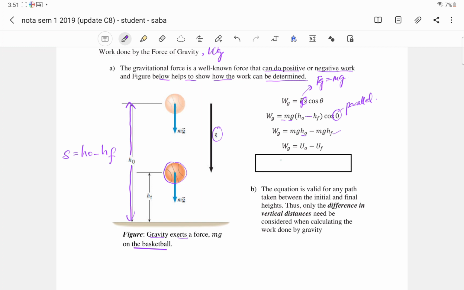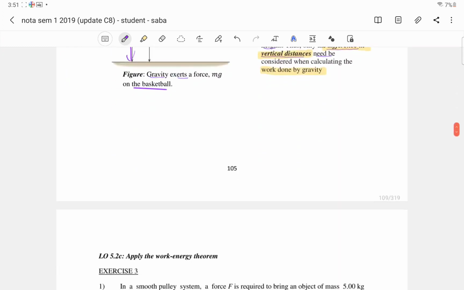Then we can say also that Wg is equal to delta U. This equation is valid for any path taken between initial and final heights. Thus, only the difference in the vertical distance is considered when calculating the work done by gravity. Later we will look at example questions.